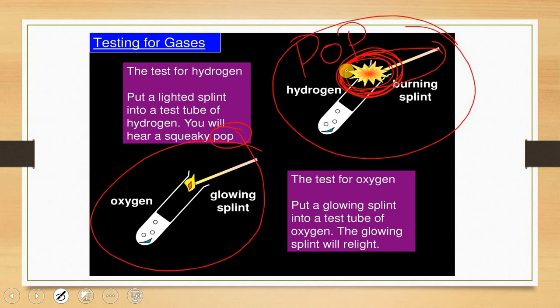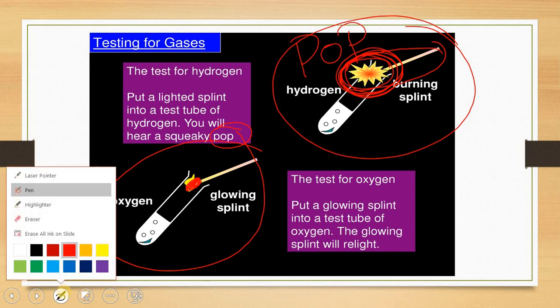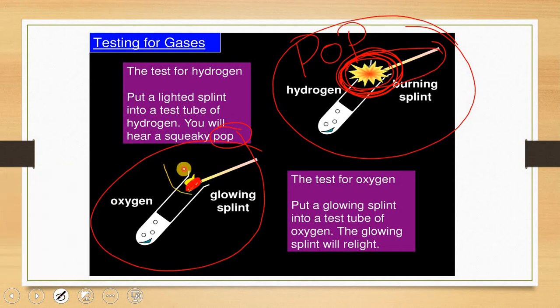For oxygen, when you have this glowing splint, it will reignite. So at first, it has no flame, okay? It has no flame, just a small glow like this. But when you bring it near oxygen, it will immediately flare up. That's the difference between hydrogen and oxygen.